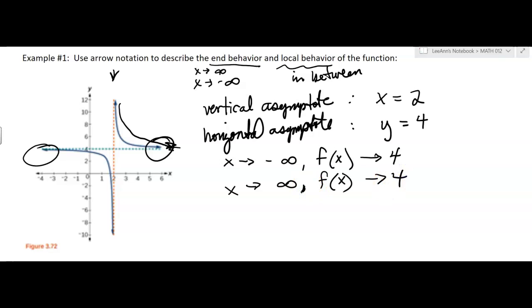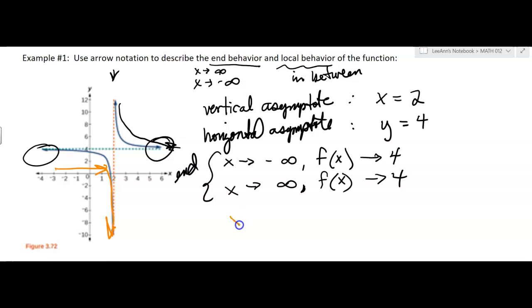Now, what's happening in between? This is the end behavior. What happens in between that? There's some stuff going on, right? As we get closer and closer to the vertical asymptote from the left, the graph is going down, right?